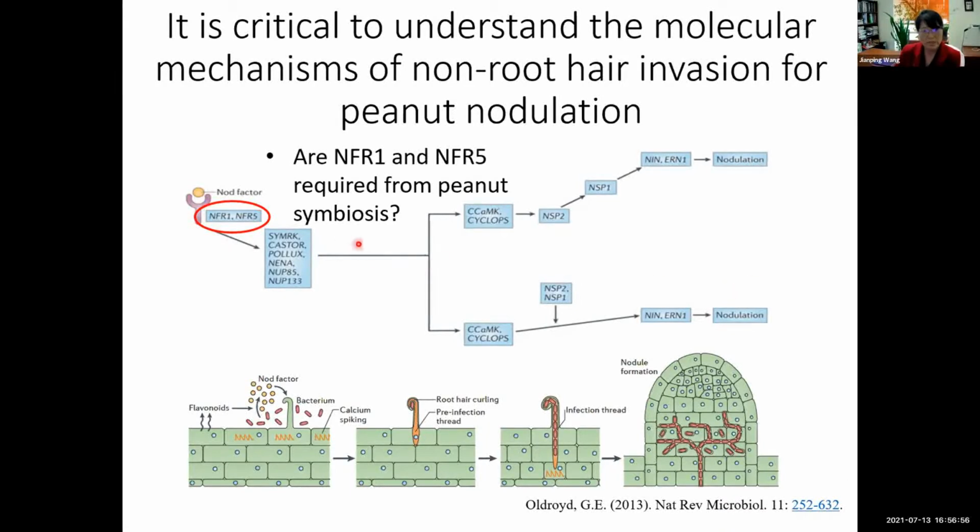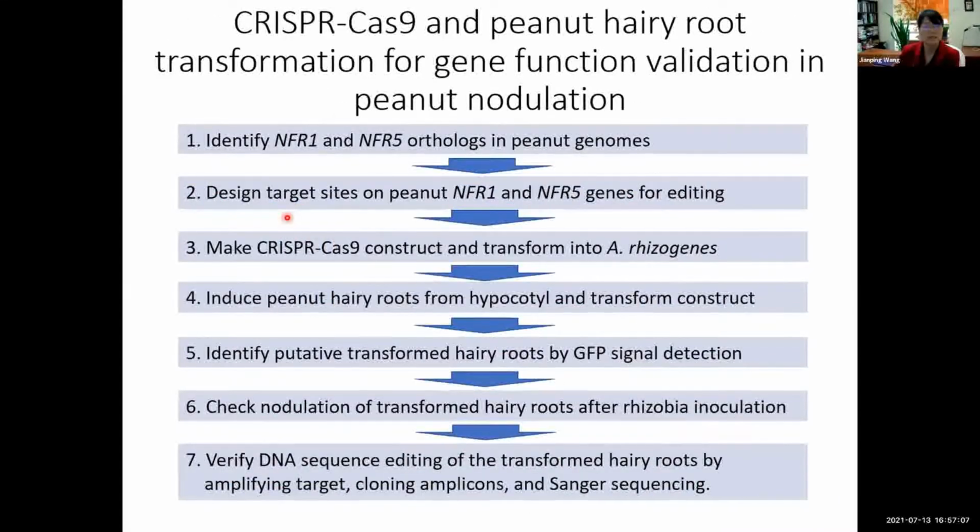So our question is, are these two nod factor receptor genes required for peanut symbiosis, which uses non-root hair invasion? To answer that question, we use the CRISPR-Cas9 system coupled with peanut hairy root transformation for gene function validation in peanut nodulation.